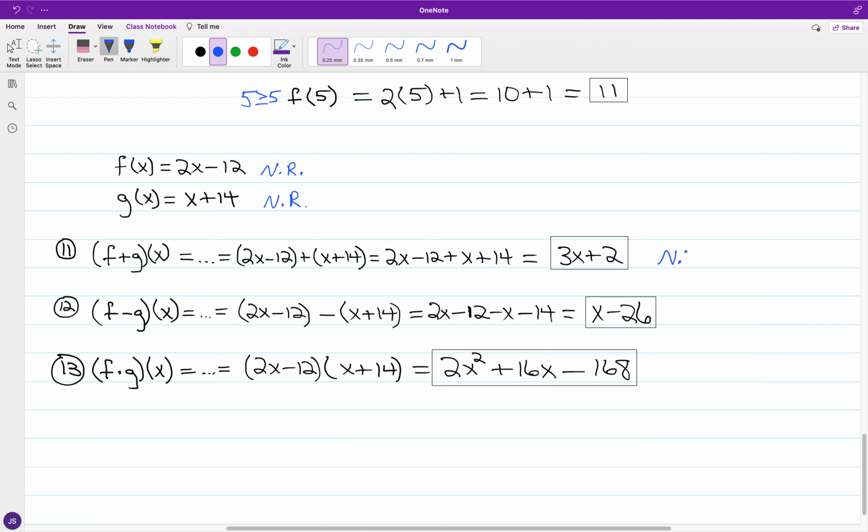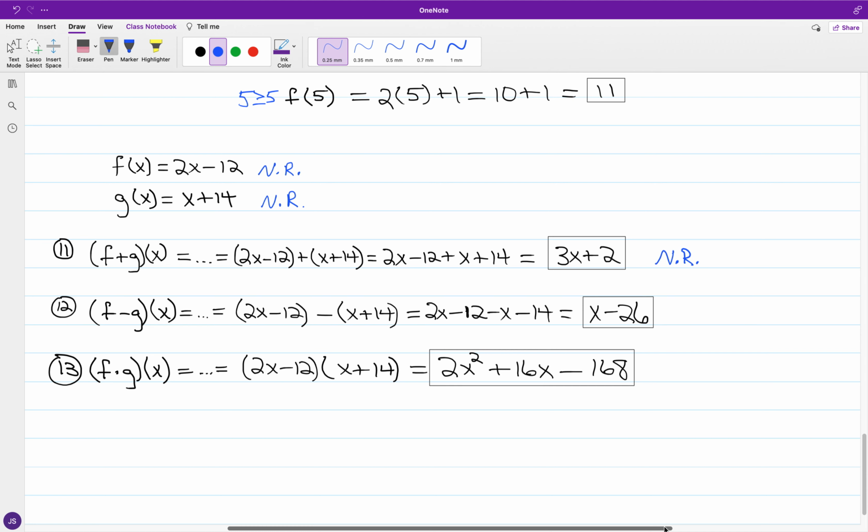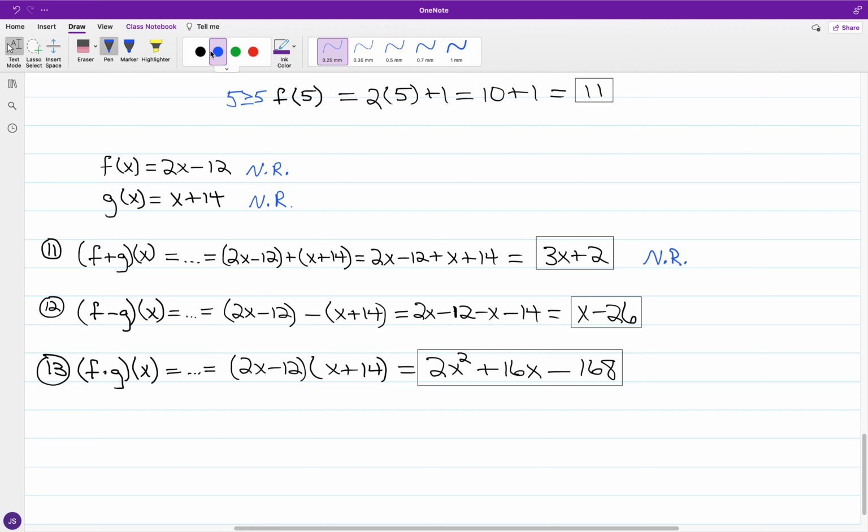And guess what? Any function or combination of functions that will end up having no restrictions, we have for the domain the set of all real numbers.